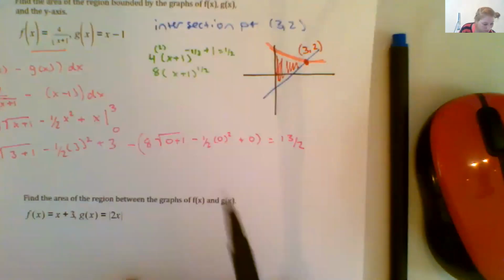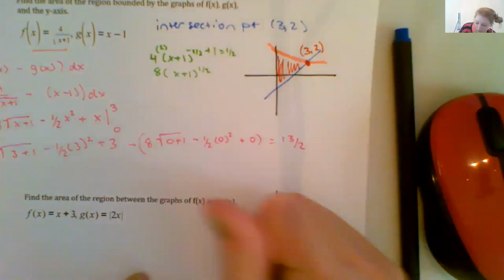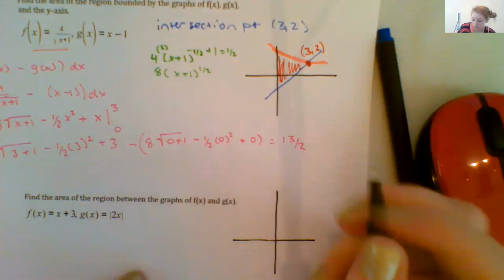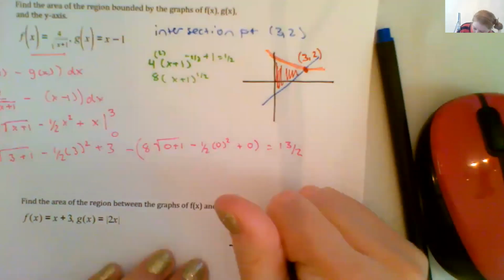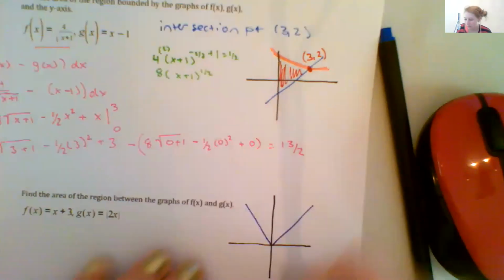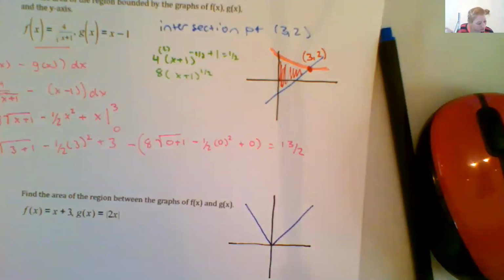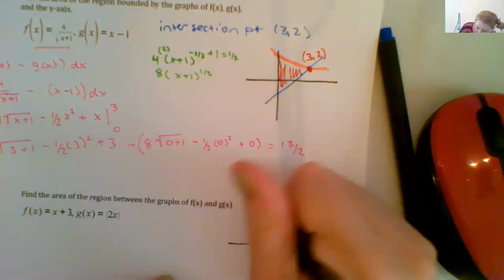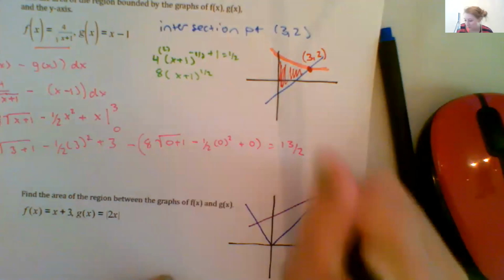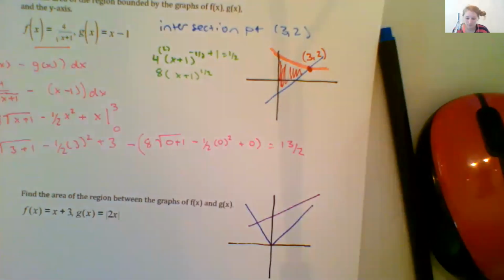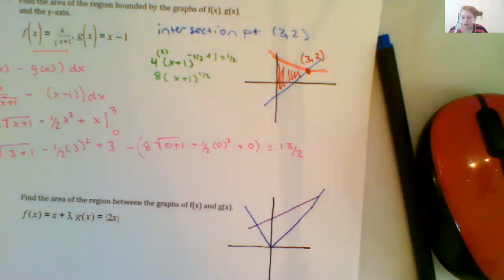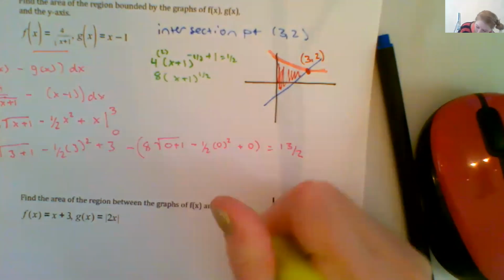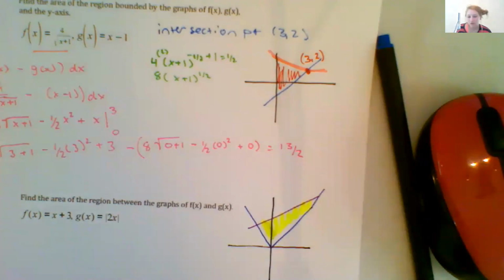So we have something that looks like this, and it matters if x is greater than or less than 0. I'm gonna make that a little bit longer. Okay. So we're trying to find this area here, right?